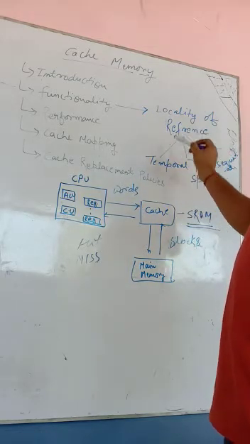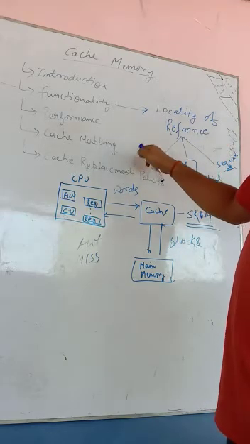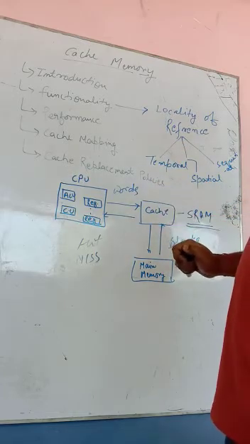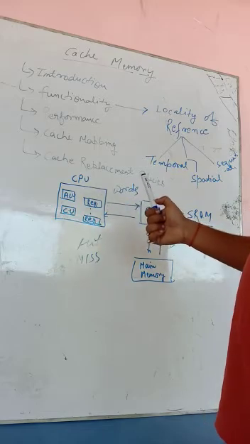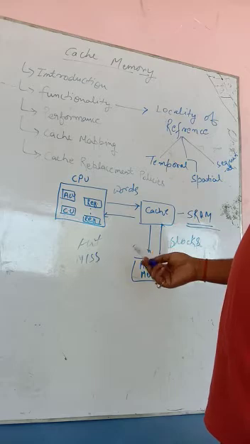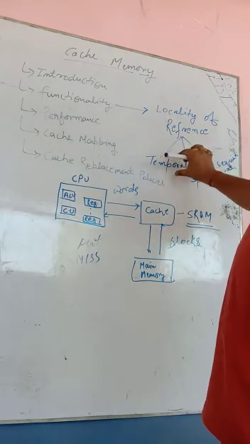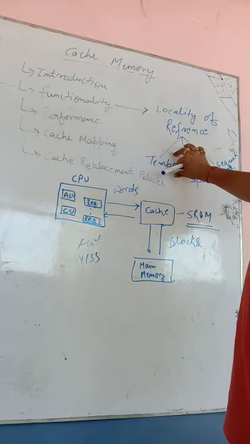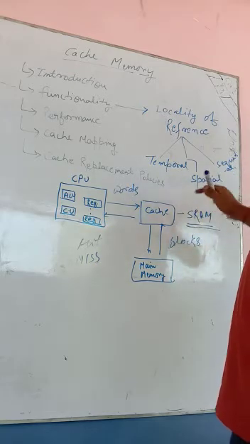In that case, the particular amount of data which is required iteratively by the processor is clustered and sent to the cache memory, and it is assumed that when the CPU requires the same data multiple times, it is found inside the cache memory, which reduces the access time and page faults. So temporal is the generally considered dimension of locality of reference, which is very useful.